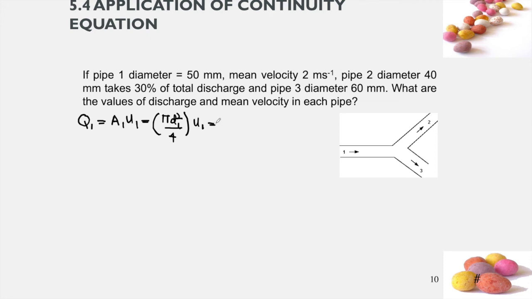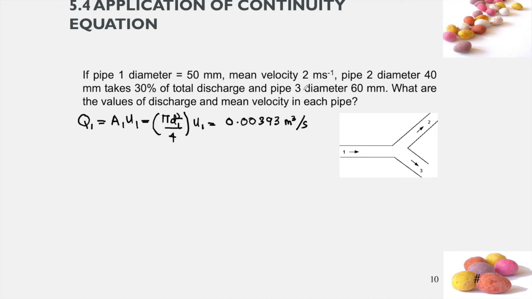When we substitute the values, we will get 0.00393 meter cube per second. This is the total discharge, because 1 is the total discharge for 2 plus 3. So we have 2 plus 3 equal to 1. Therefore, this is total discharge.